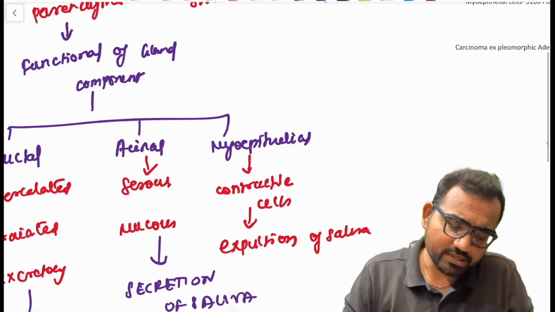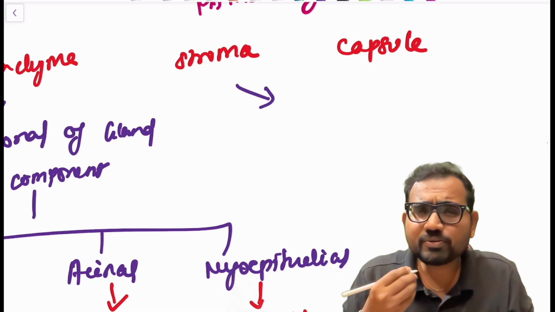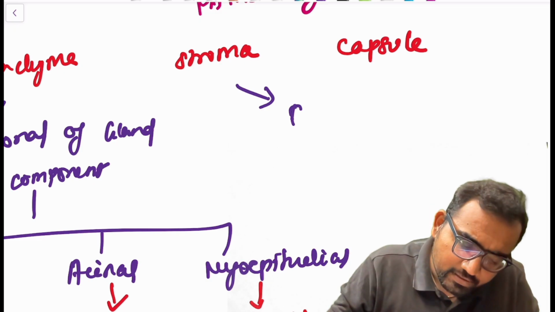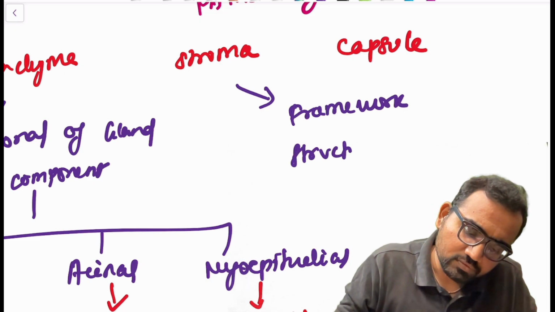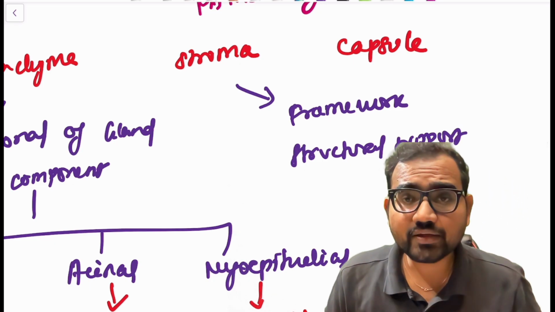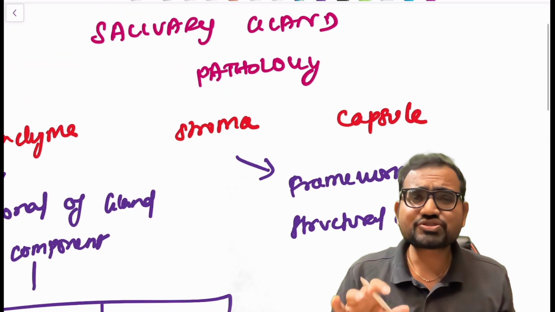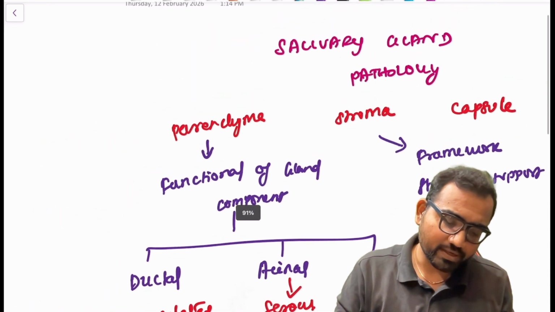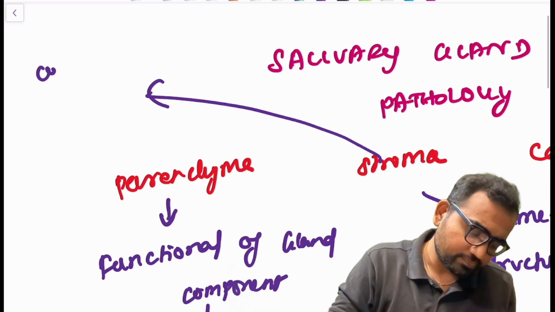The next one will be stroma. Stroma will form the non-functional component. What do you mean by that? It just gives the framework, structural support to the gland. So what is the stroma? Stroma, in very simple terms, means connective tissue.